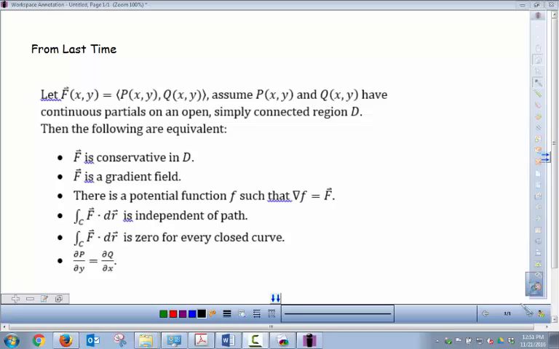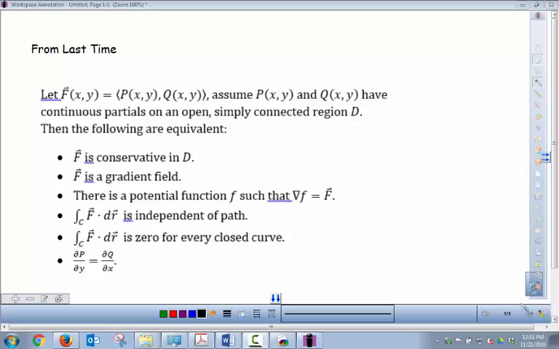Conservative fields, potential functions, path independence, and then this last one over here, well, second to last one, if C is a closed curve, and F is conservative, then according to the fundamental theorem of line integrals, it's just going to be the potential function evaluated at the endpoints.